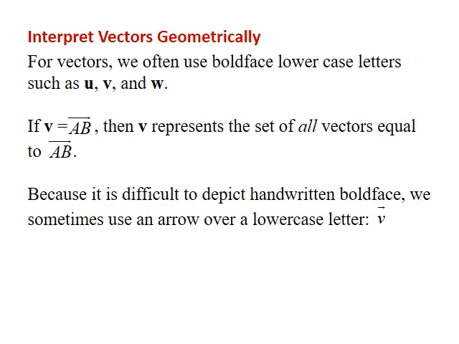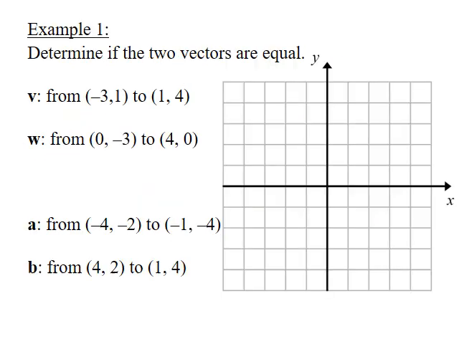Typically, when we state vectors, instead of writing the initial point and the terminal point like I have circled here, that's not typically how we represent vectors. Typically we use boldface, but if we are writing it, we can't really write in bold, so we will put an arrow on top of the lowercase letter. So they're boldface lowercase letters.